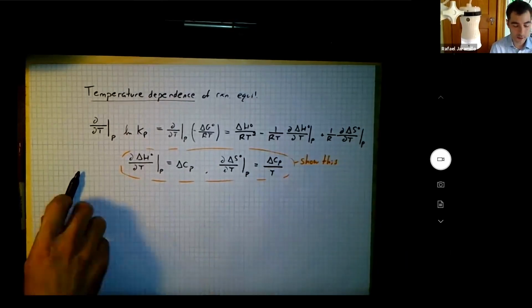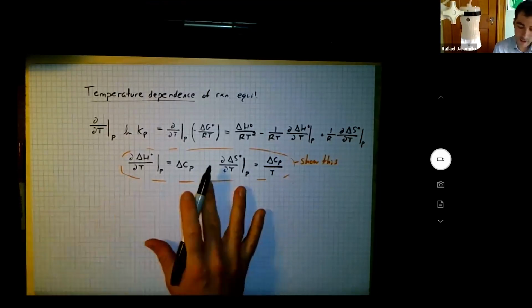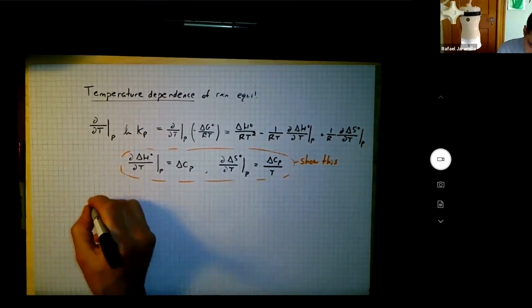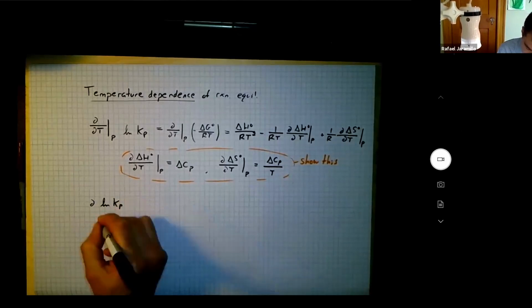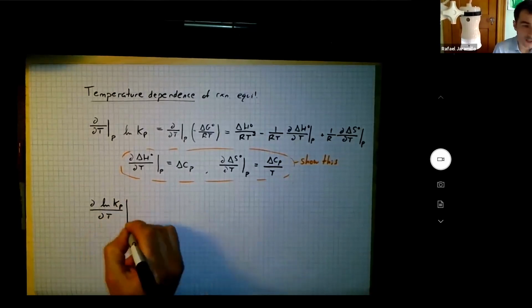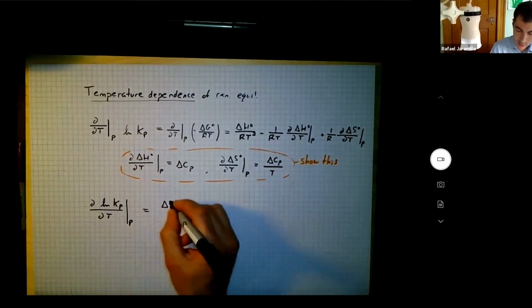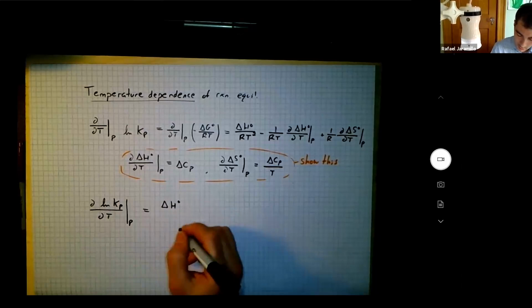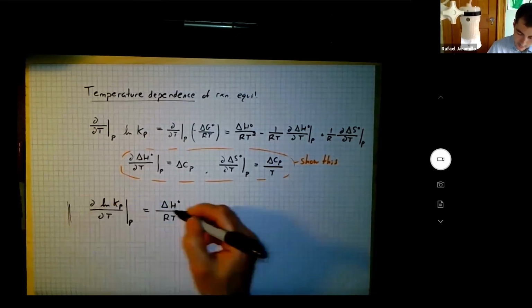You can go back to when we introduced these potentials. So using these expressions, we find d log K of P dT at fixed pressure equals delta H naught over RT squared. And this has a name.